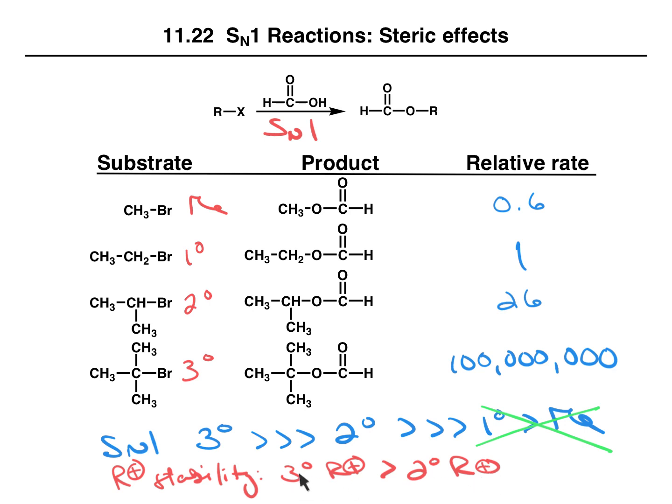The transition state leading to the tertiary will be lower than the transition state leading to the secondary. So the activation energy for the formation of a tertiary carbocation will be smaller than the activation energy leading to a secondary carbocation. And that's what we see here in terms of the relative rate. A big difference in activation energy leading to a big difference in the rate of the reaction.